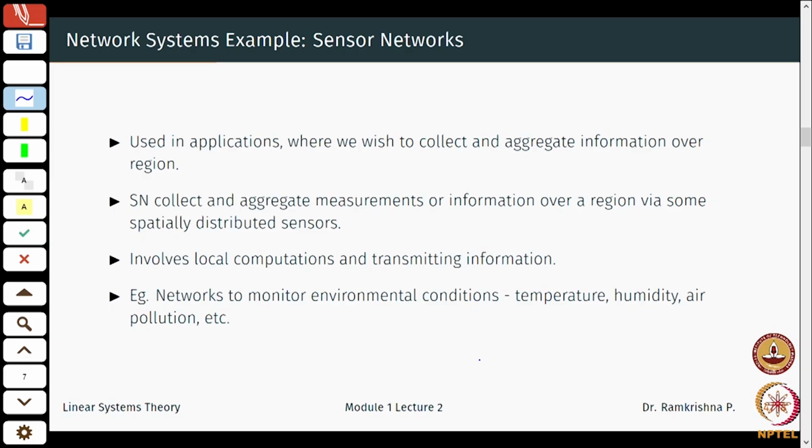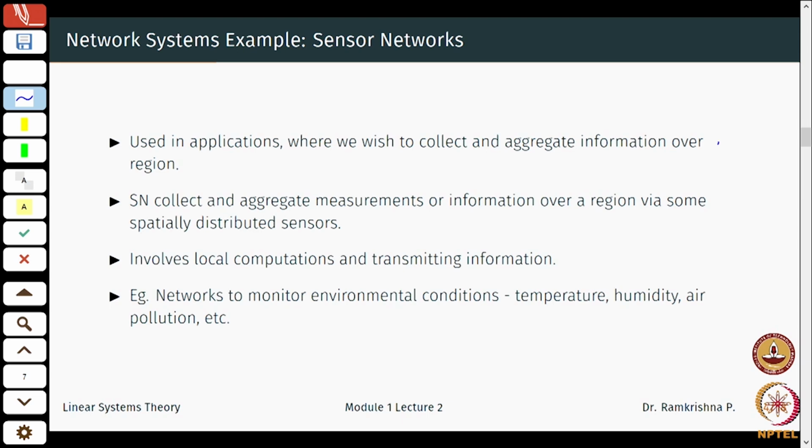Not to the details of this, but just to give a little introduction to what these sensor networks are supposed to do. So, these are used in applications where we wish to collect and aggregate information over a region. So, what do these sensor networks do?